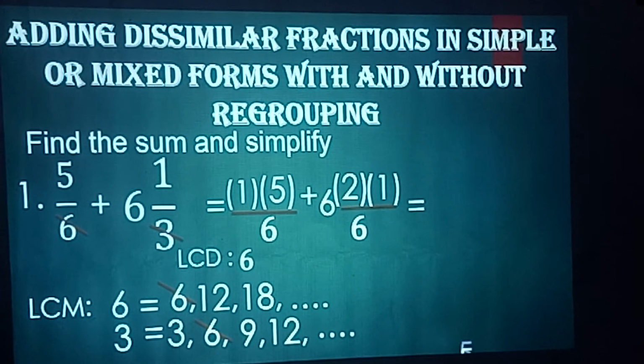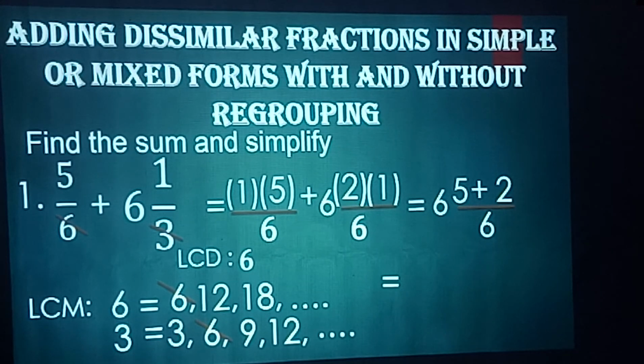1 times 5 is 5 plus 2 times 1 is 2, then over 6, copy the whole number, 6. So that is equals to 5 plus 2 is 7.